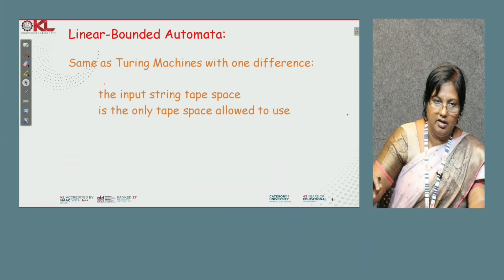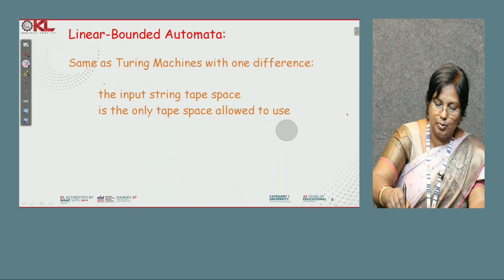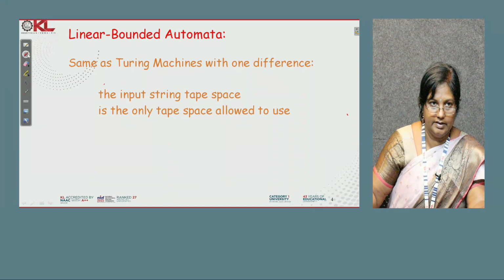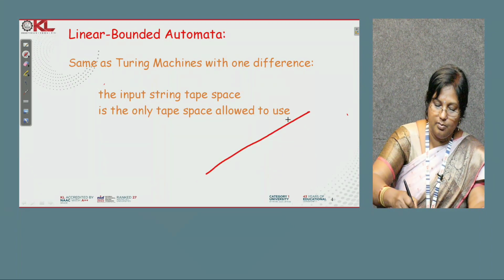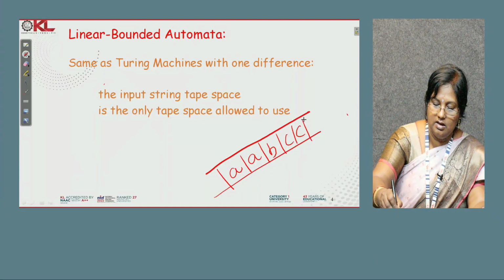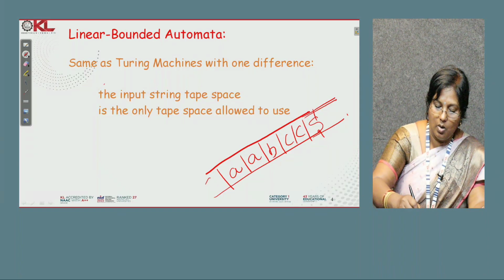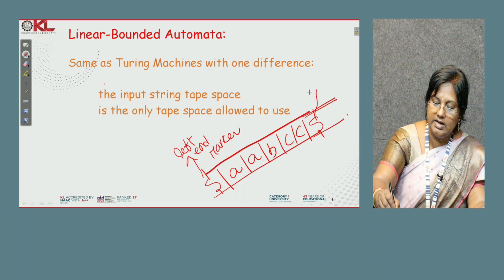For example, if you are taking the input tape, here I am taking the input string A, B, C, C like this. There are some boundaries. For example, the boundary I am giving as the $ symbol. This is called the left end marker, and this is called the right end marker.